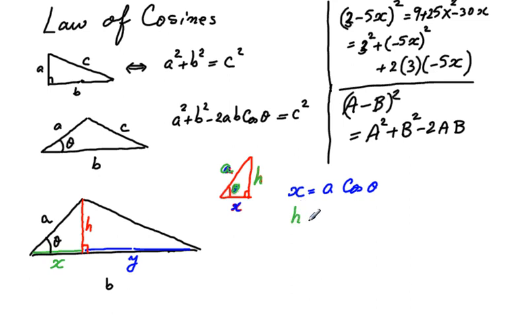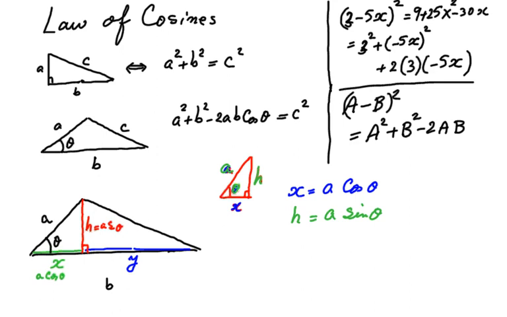What is my H equal to? Very good. Now, I have my X, let me write it here. This is A cosine theta. I got my H. That is A sine theta.